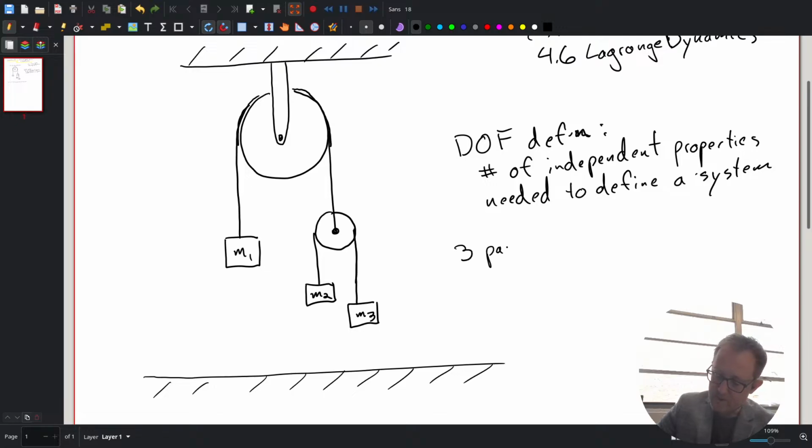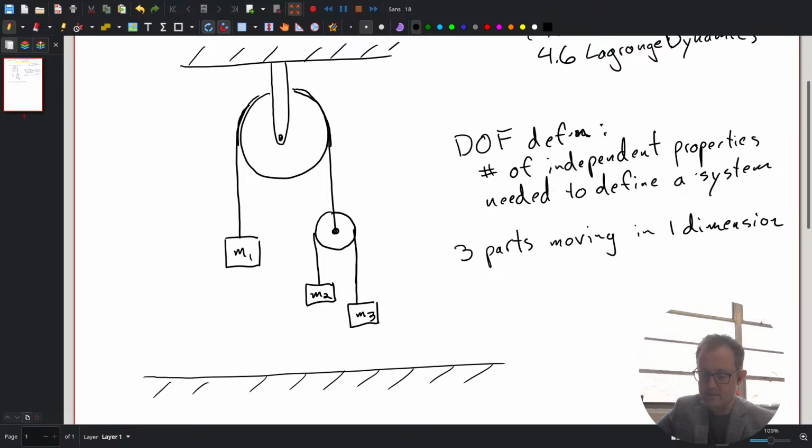So 3 things that can only move up and down. So here's 1, there's 2, there's 3.